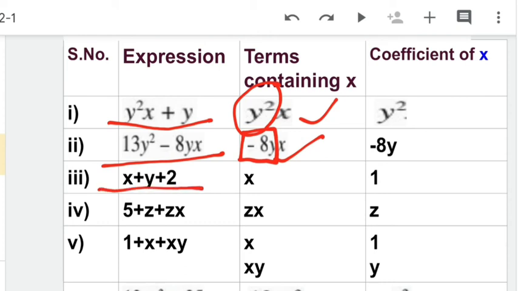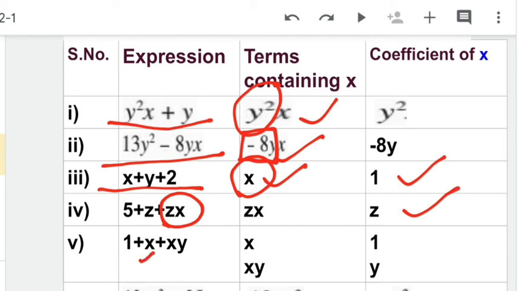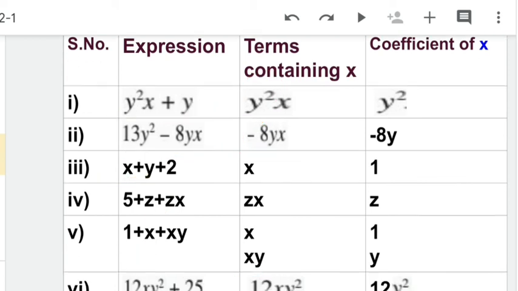In the third expression, we have only one term which contains x, which is x, and its numerical coefficient is 1. Similarly, for the fourth part, we have only zx, so its coefficient is z. And in the fifth part, we have x and xy, so the coefficient of x in x is 1 and the coefficient of x in xy is y.